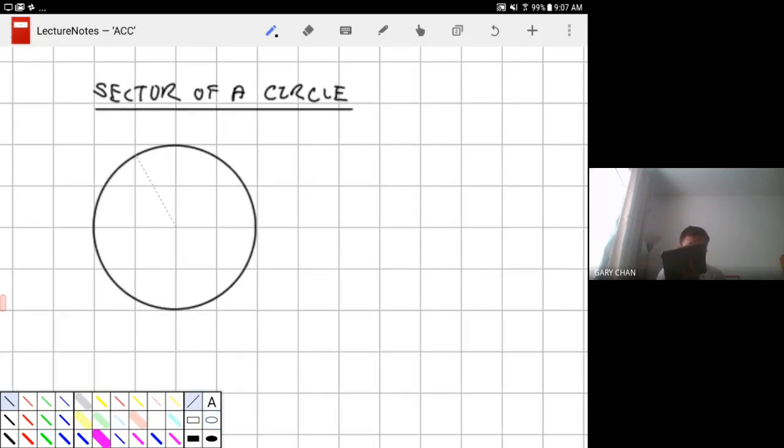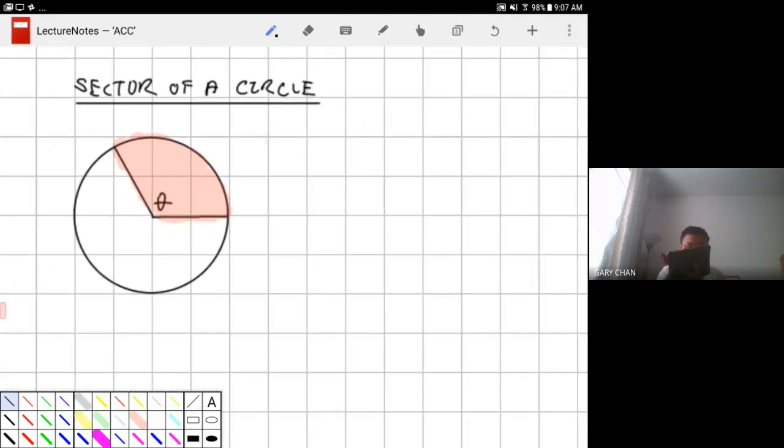If I have two radii and an angle theta here, like so, this slice of the circle is what we call a sector. This is a sector. So this is the slice of the circle.